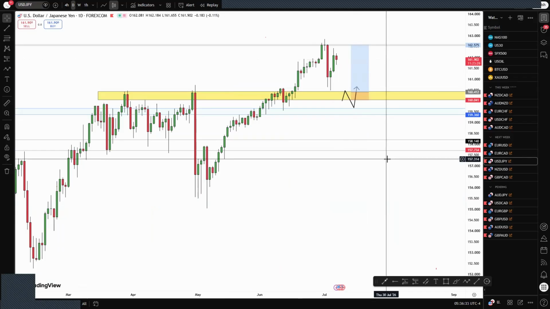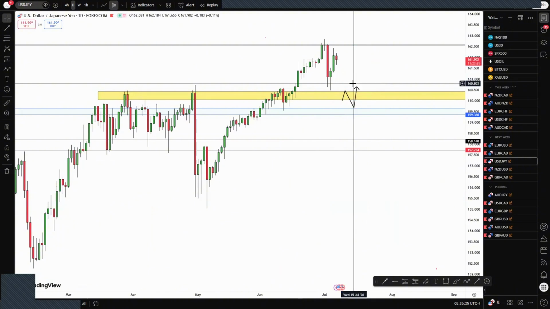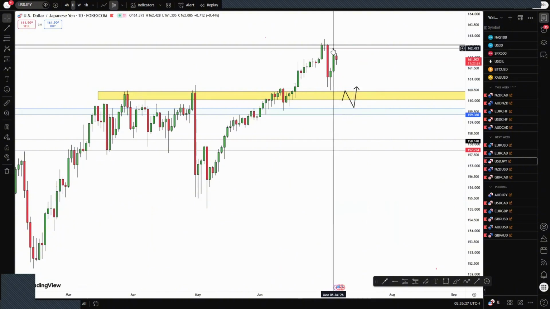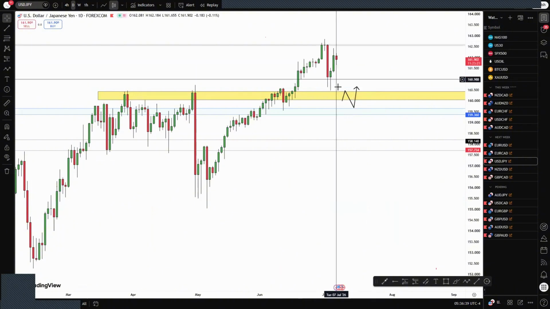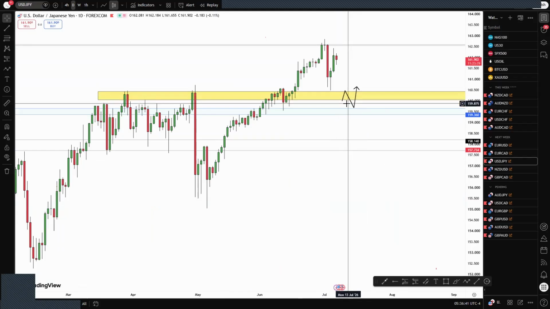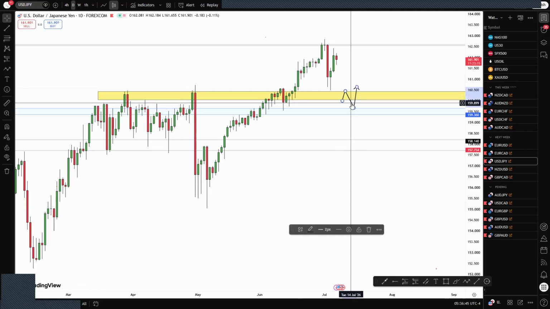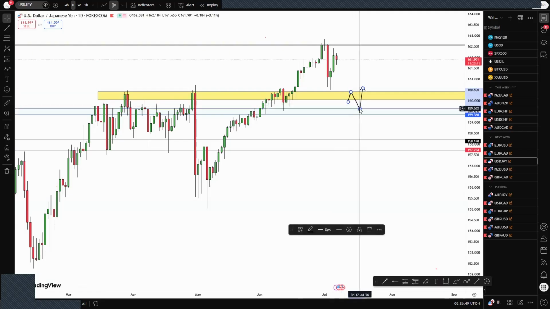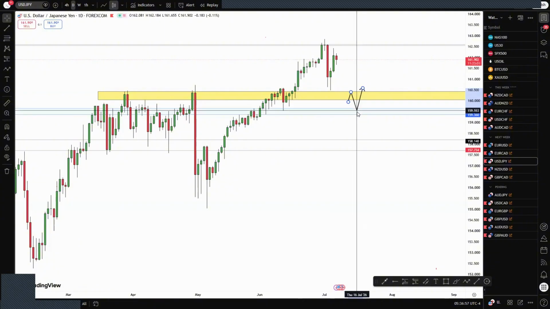Because again, the Bank of Japan will want to maintain this push, so they'll try to drop price down again. But then the US power will reject it eventually. Maybe even the same day.